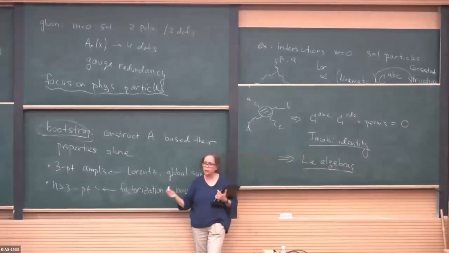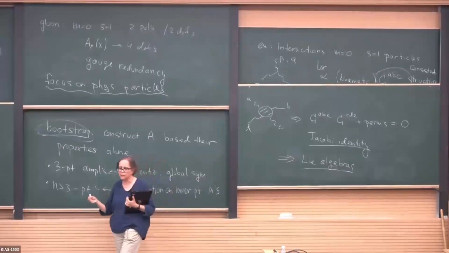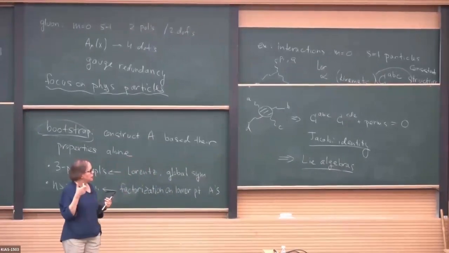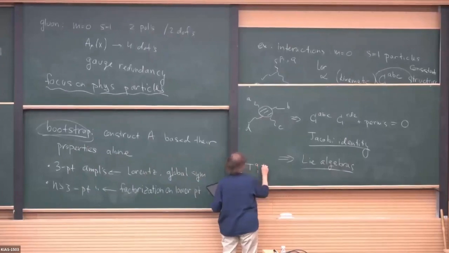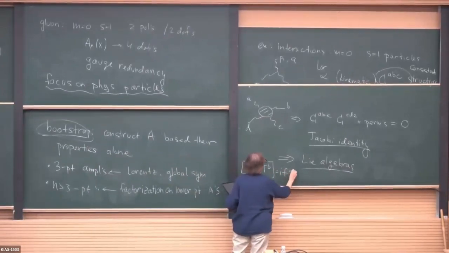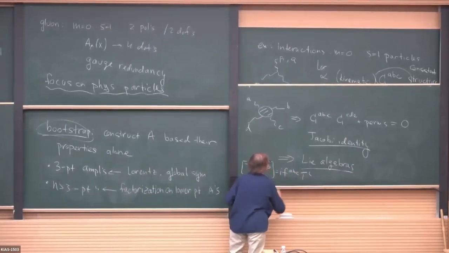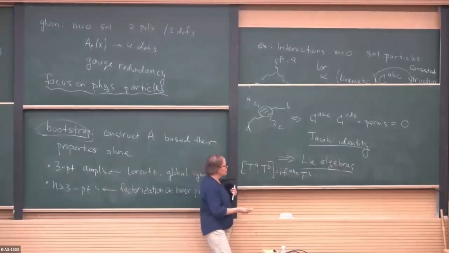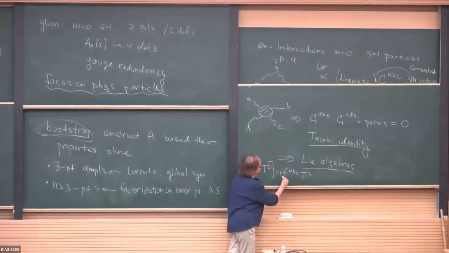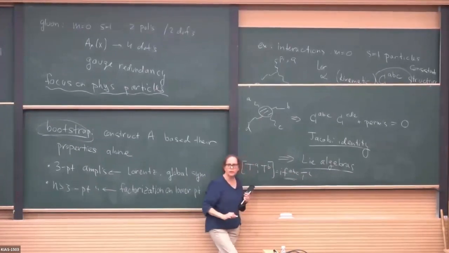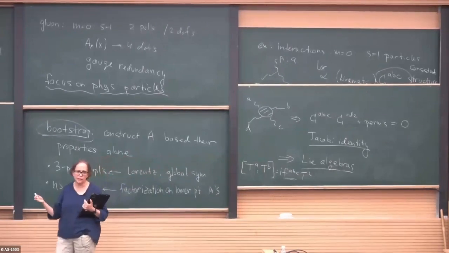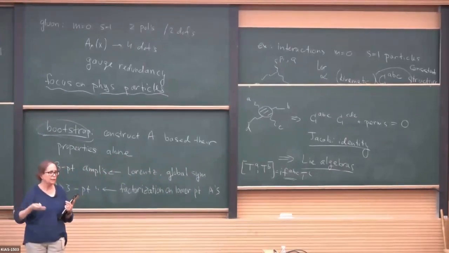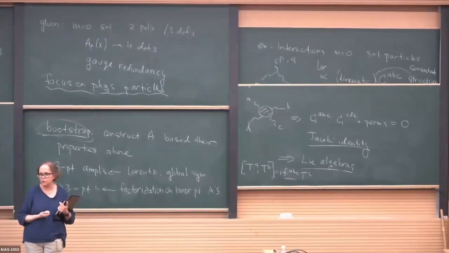Because what you probably learned in QFT about Lie algebras is that the generators satisfy [T^A, T^B] = i f^{ABC} T^C. So what defines, first of all, the algebra is these structure constants. They're totally anti-symmetric. They satisfy the Jacobi identity. And from that, you can classify the full list of Lie groups.